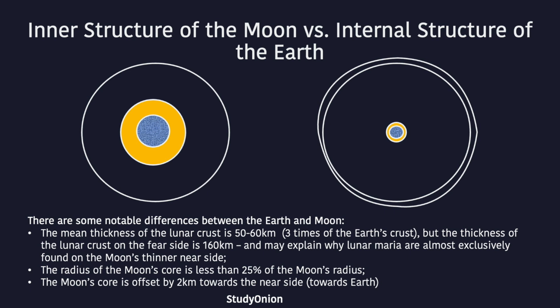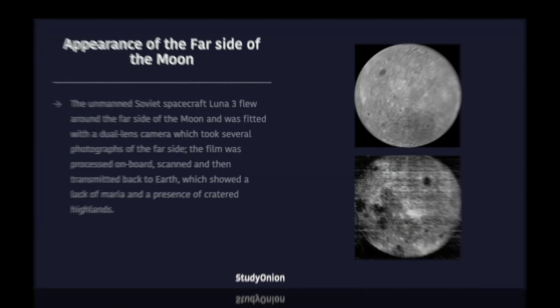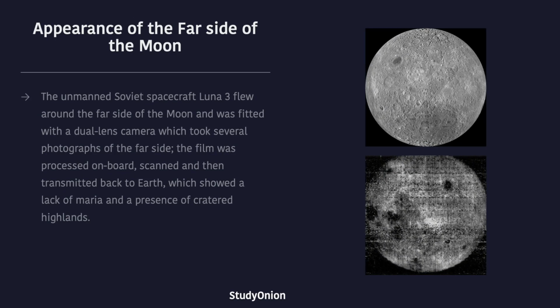The radius of the moon's core is 25% less than that of the moon's radius. On Earth, the core extends to more than 50% of its radius. And the moon's core is not at the physical centre of the moon, but is offset by about 2 kilometres towards the near side, i.e. towards the Earth.